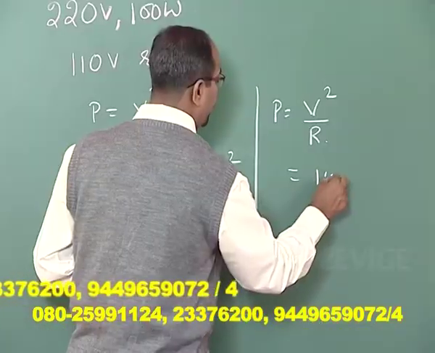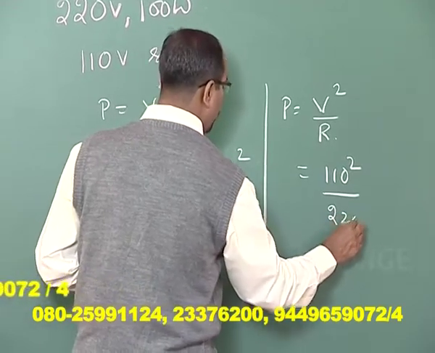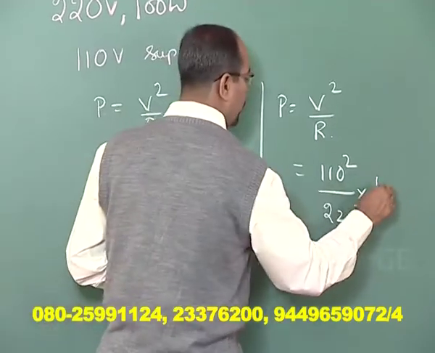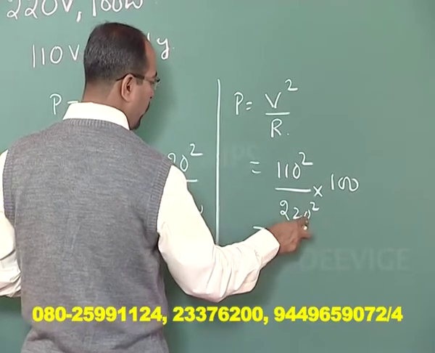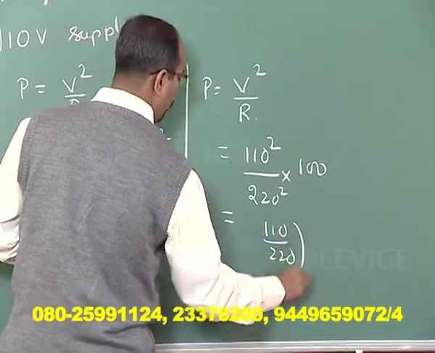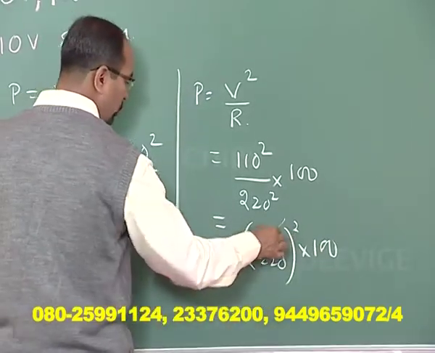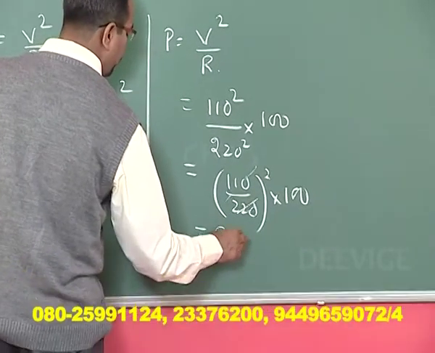That is 110 whole square divided by R, that is 220 square. R 100 will go to numerator. So what you will get here? 110 square by 220 square, that is 110 by 220 whole square multiplied with 100. So you will get it as 1 by 2, 1 by 4, that is equal to 25 watt.